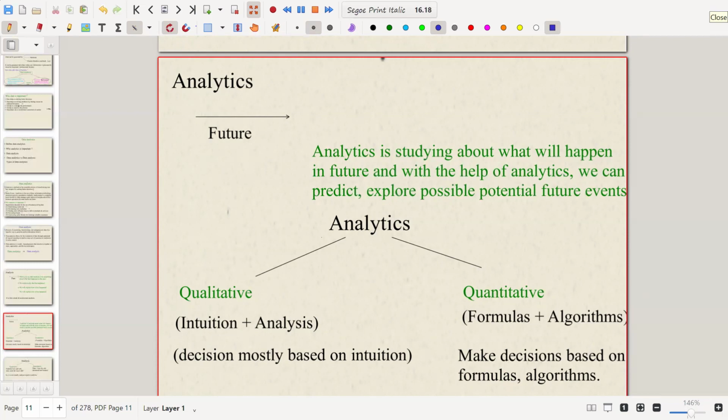Now, why did the sales not go as expected? So they analyze how many customers came in that month. Is there a reduction in the number of customers? First criteria. Suppose no, the number of customers even increased. Then why, even though the number of customers increased, did the sales go down?